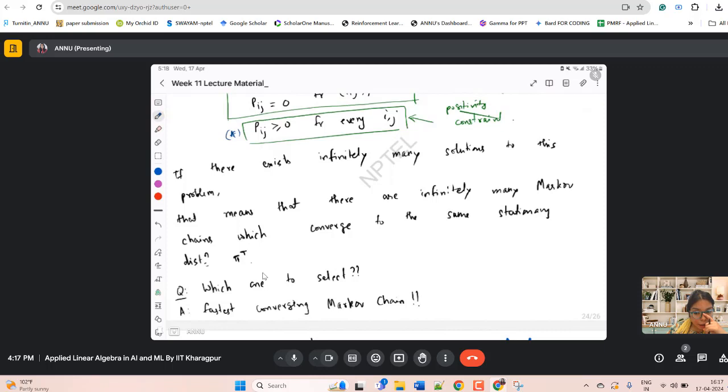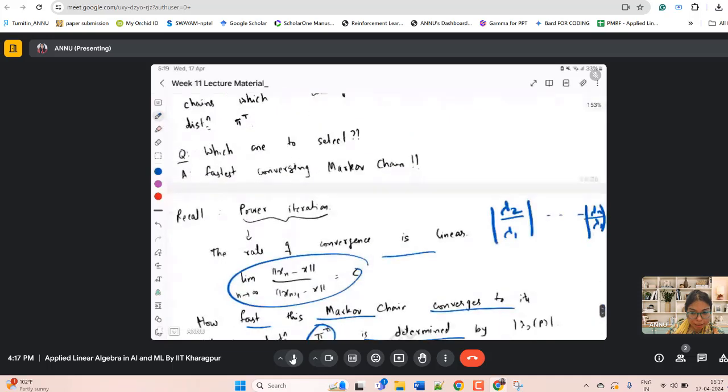This means that there are infinitely many Markov chains that converge to the same stationary distribution. If you have the stationary distribution, which is the page rank vector, and you have eigenvalues, which Markov chain to choose? Okay, which one to select? It is the fastest mixing Markov chain.